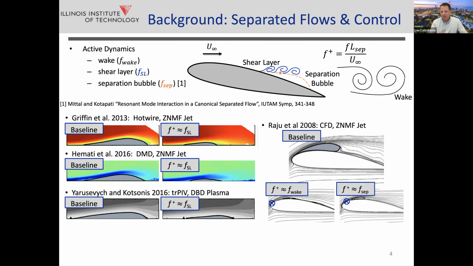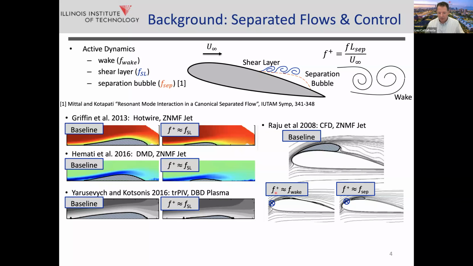Now, it's interesting, there was some other work where Raju et al. looked at what happens when you change the location of the actuator relative to the separation bubble. So it's obviously most beneficial when it's just upstream of separation.